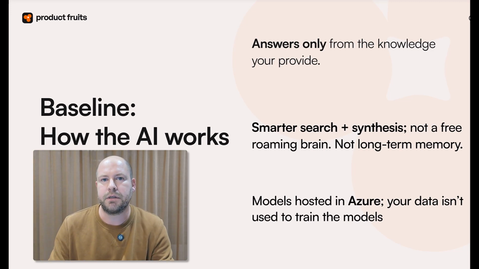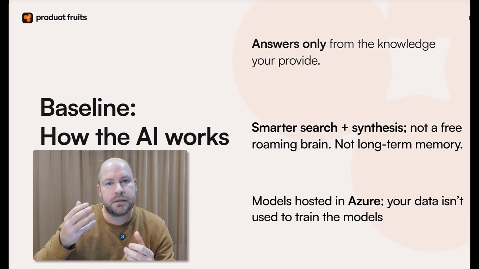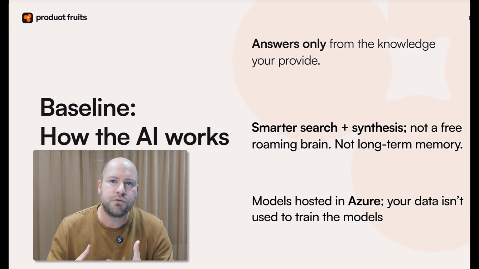It works differently. It just works with the sources you provide. It has some intelligence to synthesize data from those sources, but it doesn't answer what the weather will be tomorrow or speculate like that. It's set up to provide just the answers from the sources you provide. So it's basically smarter search plus synthesis.